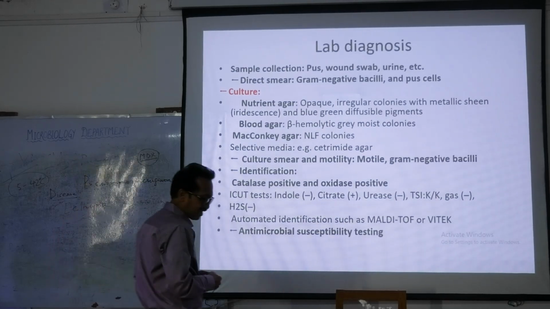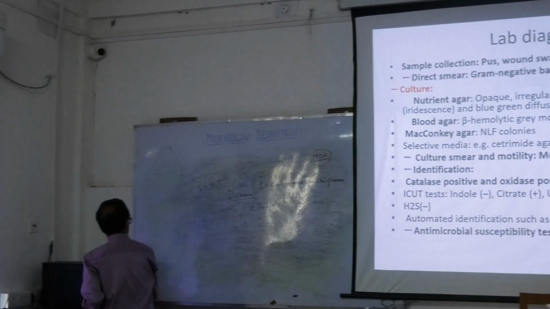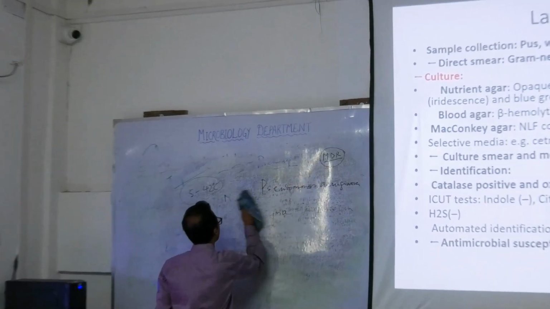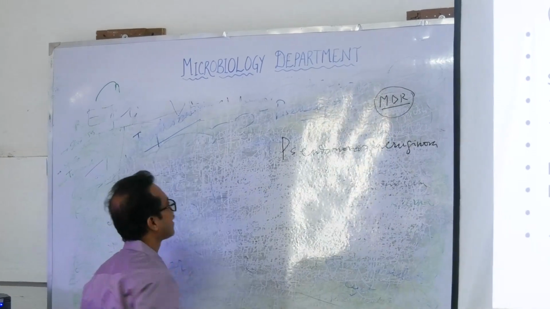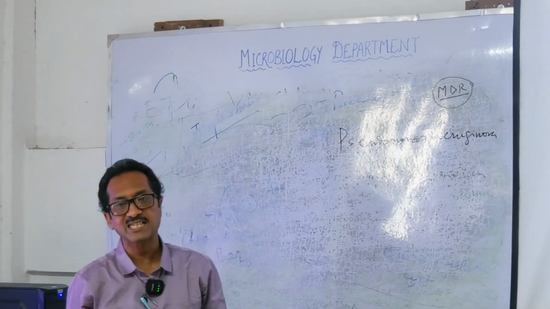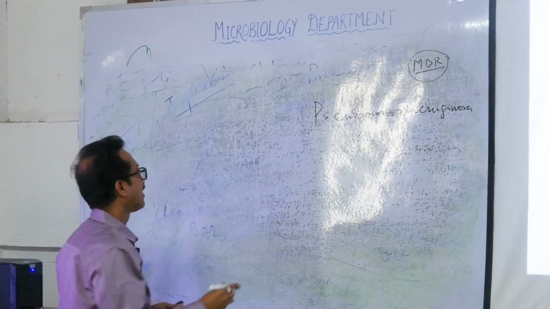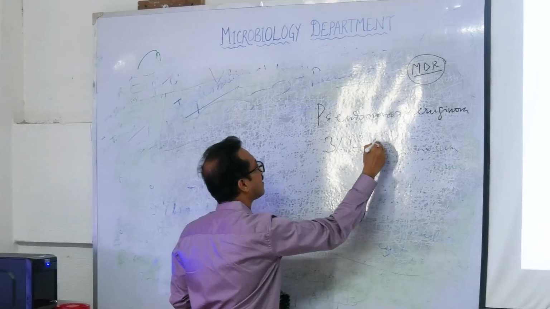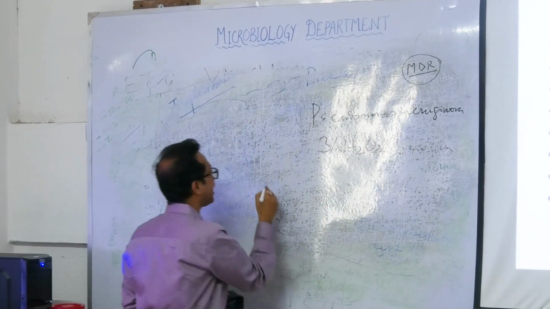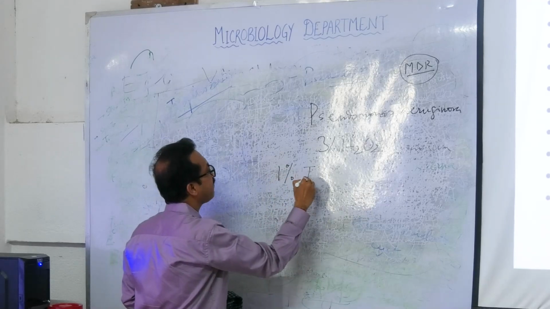Now what is the reagent for oxidase? Which reagent is given for oxidase? For catalase, you must be able to tell what chemical is given. Catalase: 3% H2O2. Oxidase: 1% TMPPD.